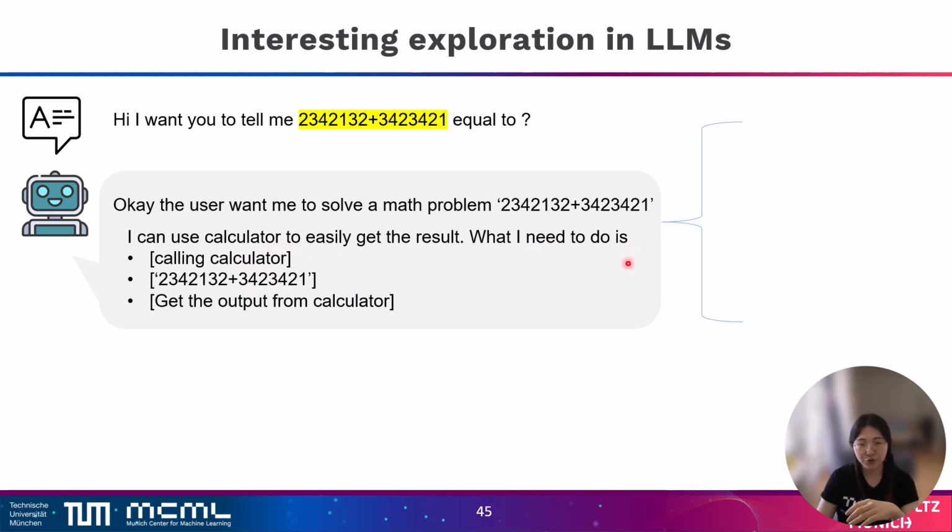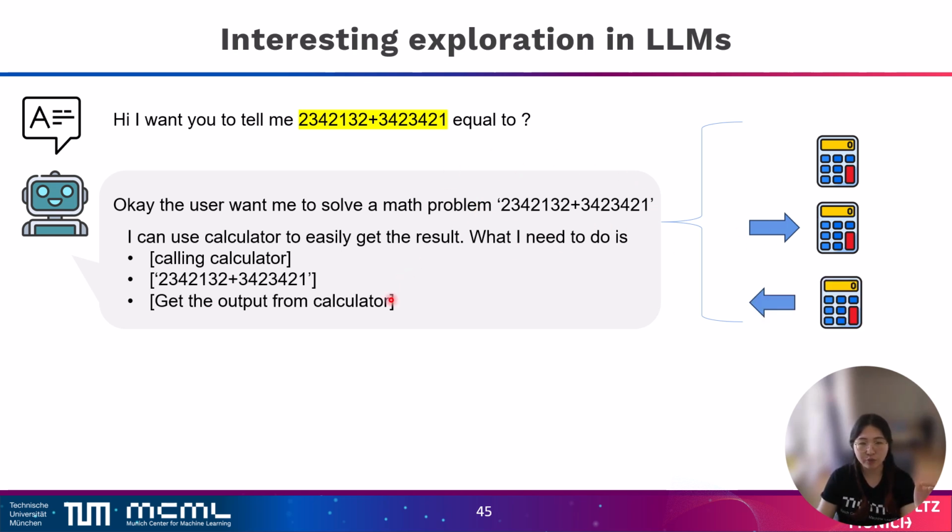What I need to do is first call the calculator, then input the equation into the calculator, then get the output from the calculator. Which means every time I meet this special command, I will do a function call.